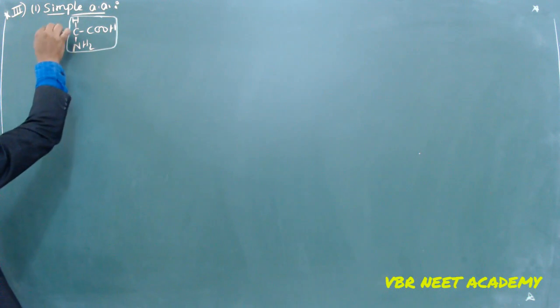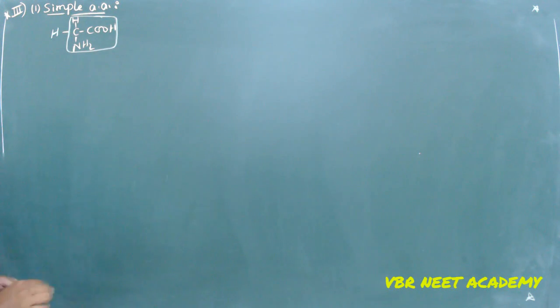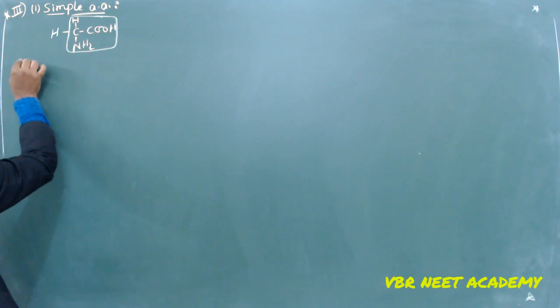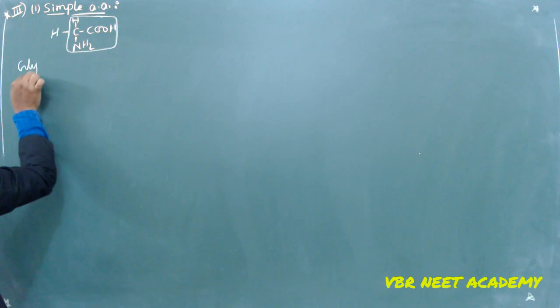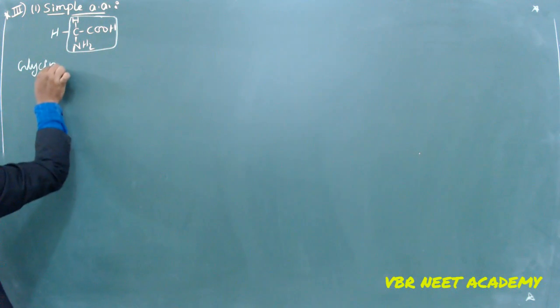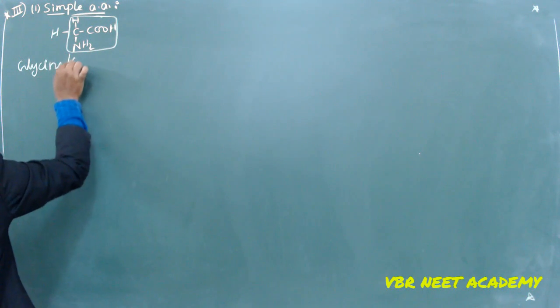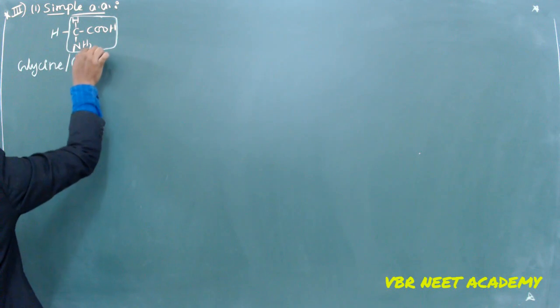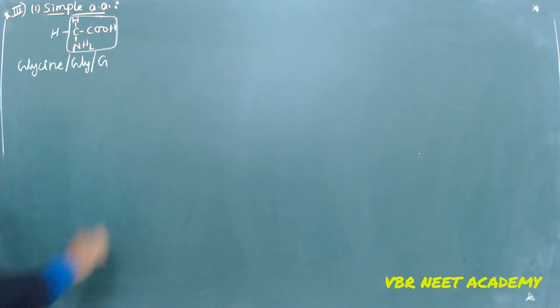If I have hydrogen here, what is this one? Glycine. We can write the three-letter code GLY and the single letter code G. This is glycine.